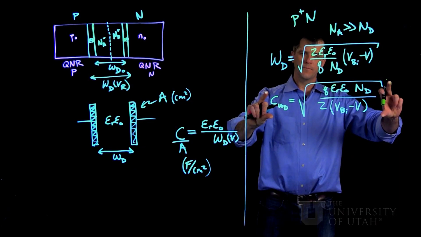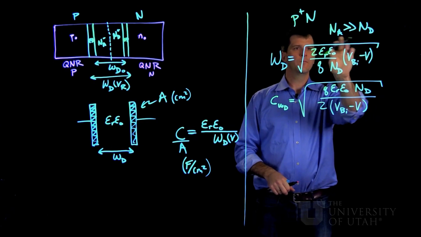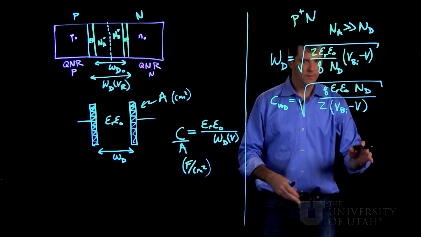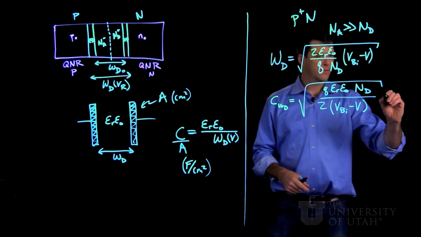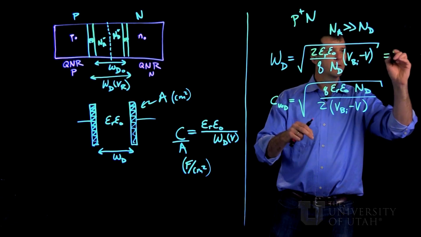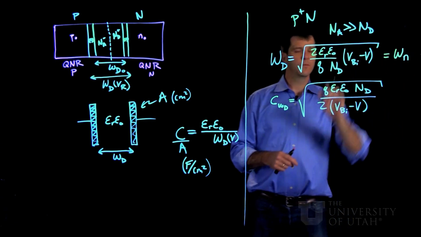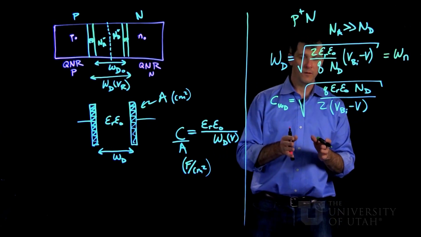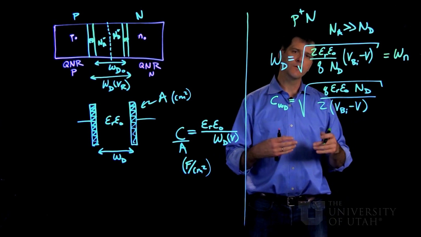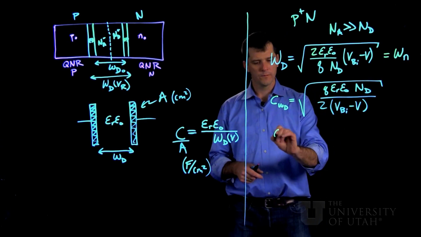What we can do then now is recall that if the doping on the p-type side is much greater than on the n-type side, then the depletion width is given approximately by Wn. That means that the p-type depletion width is so small. And if we have that situation, what we can do is actually a technique called capacitance voltage profiling, or CV profiling.